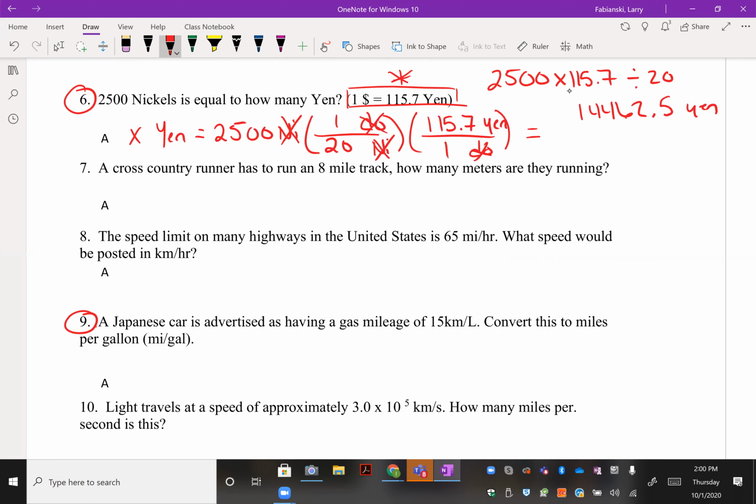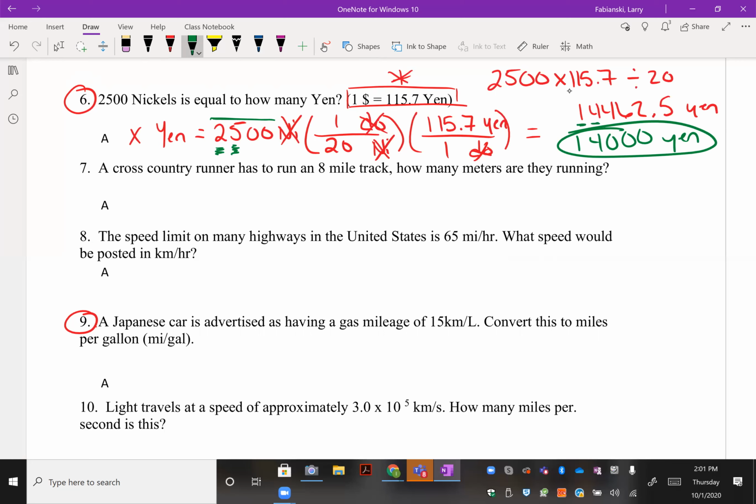However, we need to round correctly. Looking at our initial number right here, we see it only has 2 sig figs, which means our answer needs to be rounded to 2 sig figs, 14000 yen. And that is our final answer.